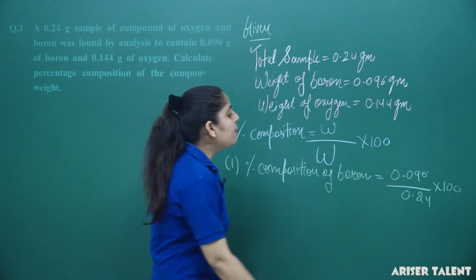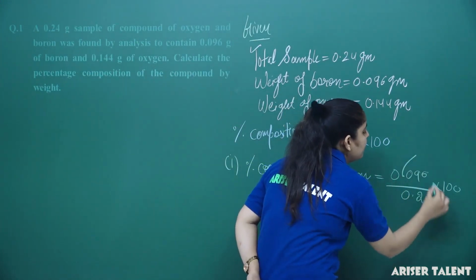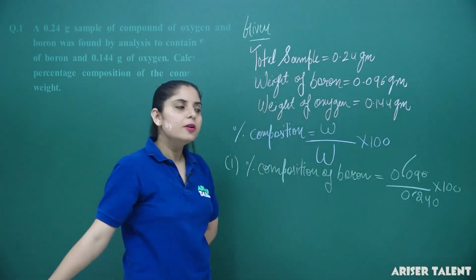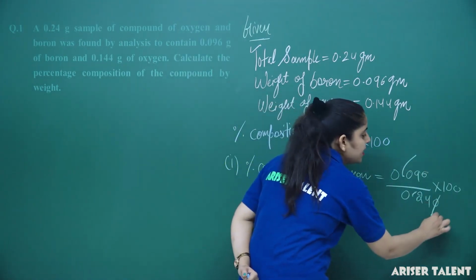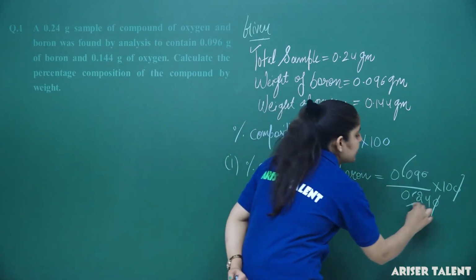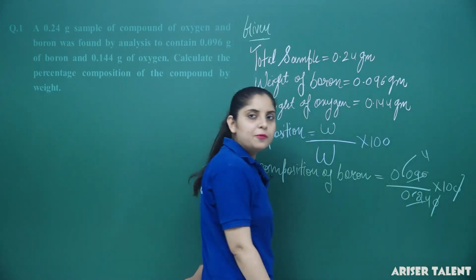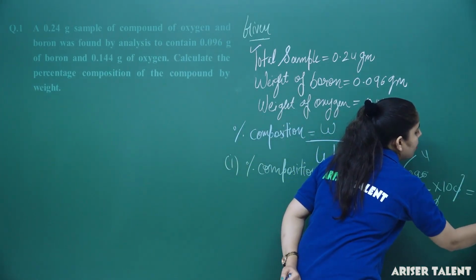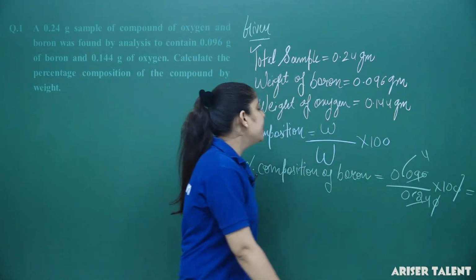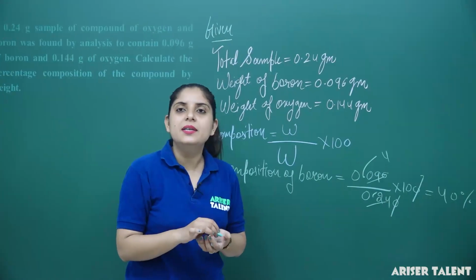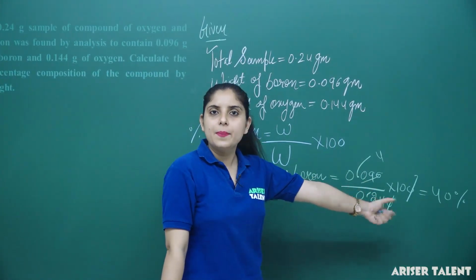So if I remove the decimal from here, 10 will be inserted here, and this decimal will be cancelled by the 2 zeros. 10 will be cancelled by 10, and 24 4s are 96. So it will be cancelled 4 times, and 4 into 10 will give you 40%. So how much quantity of the boron is present in the sample? The quantity of the boron present in the sample here is 40%.